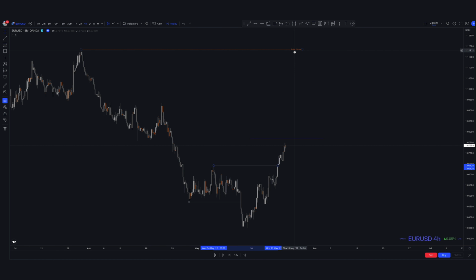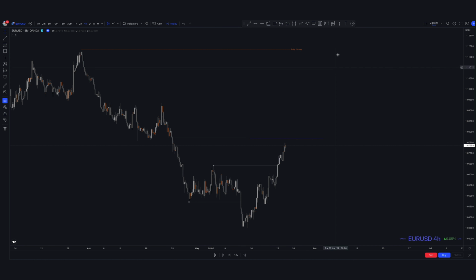Remember, this is the strong daily high, and this will be the daily wick low now. But on the 4 hour, you can see that we had the strong high, wick low, strong high, wick low.